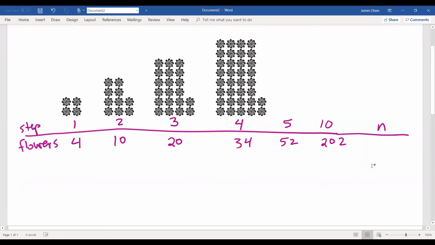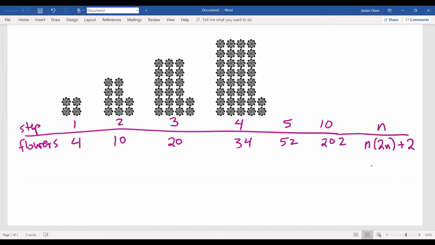Here we have our pattern and our data, and we determined that the expression for the nth step is n times 2n plus 2. If we take n times 2n, we get 2n squared. And this is our quadratic term here, indicating that it's growing in 2 dimensions.